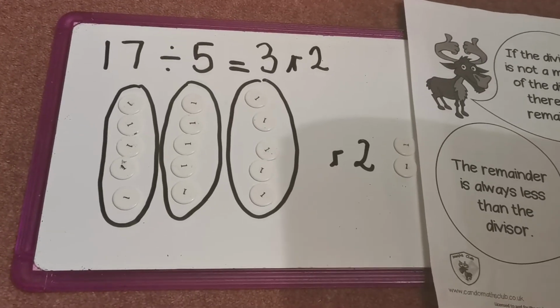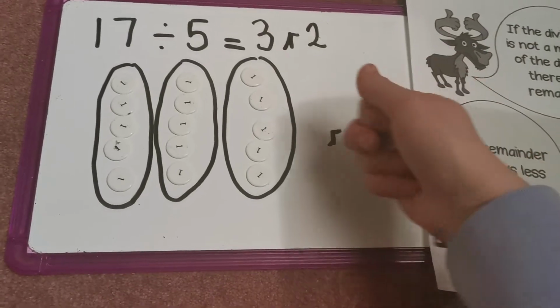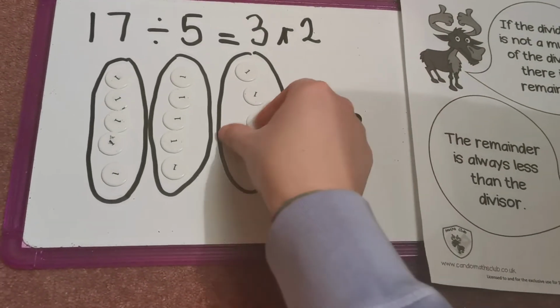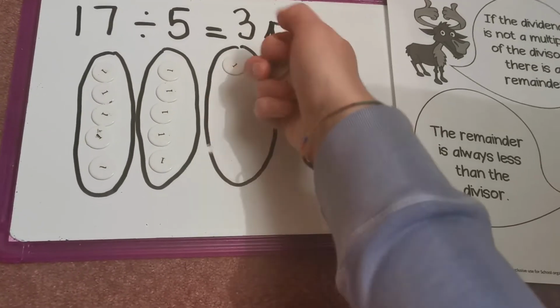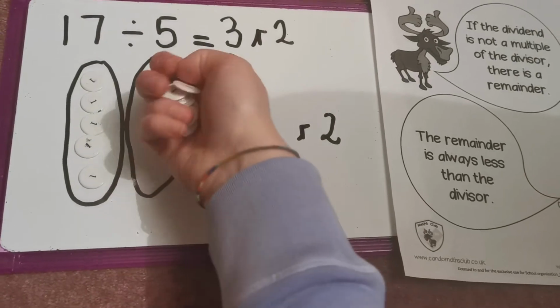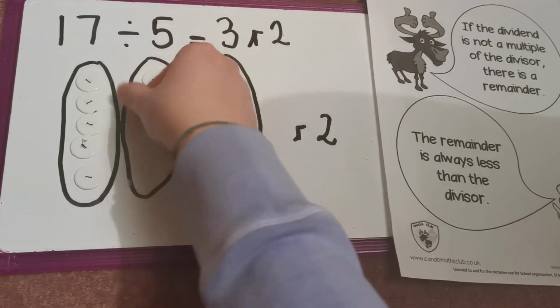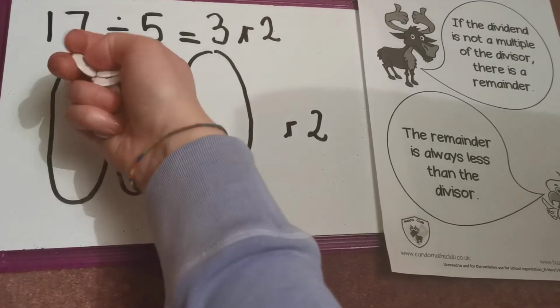Another way to look at it is looking at your number facts. Just like I started with, in my 5 times table I know there's 15, and I know that 5 times 3 is 15. So 15 divided by 5 is 3.